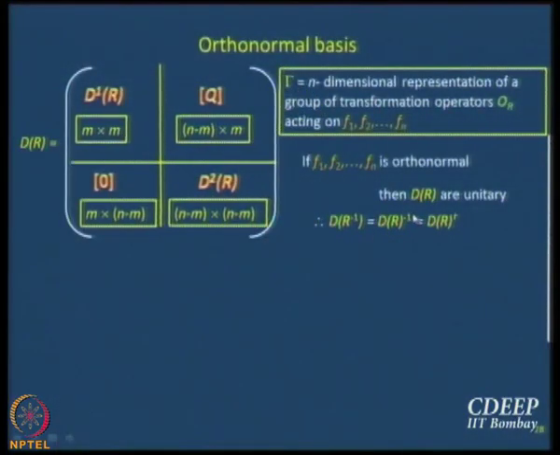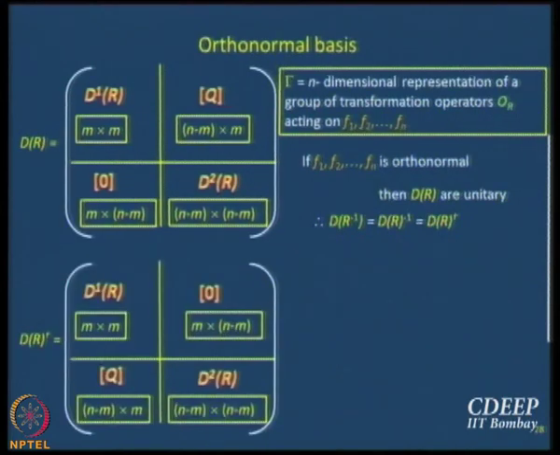So D of R inverse equals D of R transpose. I think this is something that we have discussed earlier also, right. So now this is D R transpose. All that happens is that this 0 and Q get interchanged, isn't it? Now the thing is this, what is D R transpose?